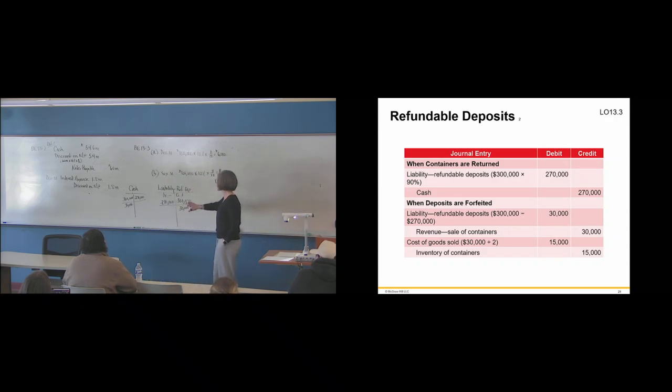Okay? It's only a liability until the customer doesn't do what? Return it. So once it's determined you've missed the date that you can return these containers, this now is no longer a liability, but it becomes, you can see it's revenue, right? So we treat it like a sale. So we have the revenue, sale of containers.